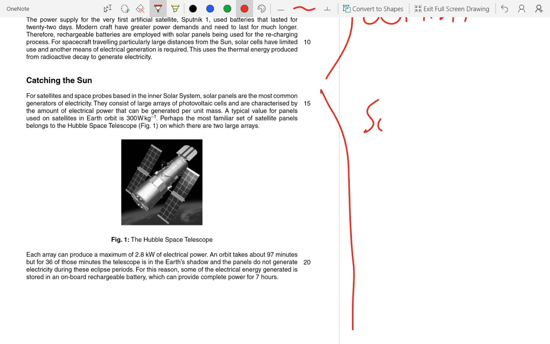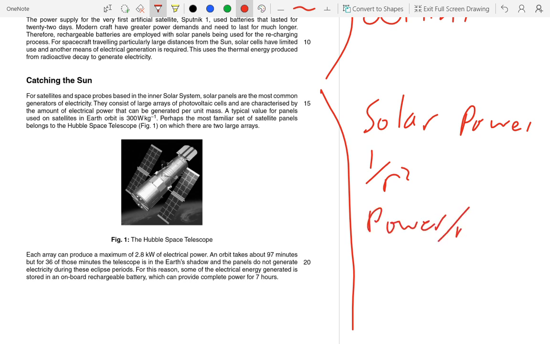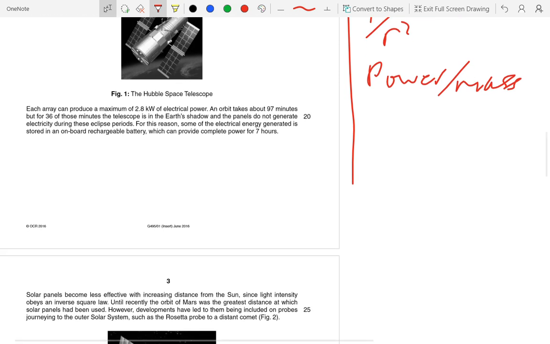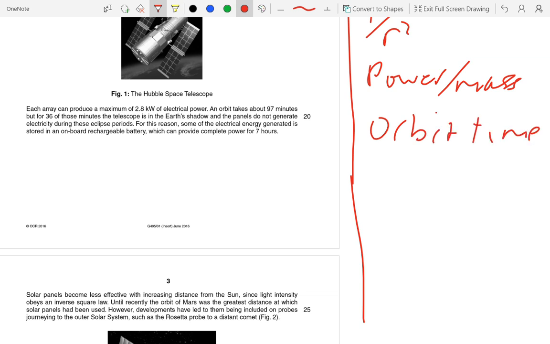So we've got to know a bit of solar power, which means inverse square law. We've got this sort of power per mass. It tells us about orbit times, so orbit time, which means we can work out an orbit radius.